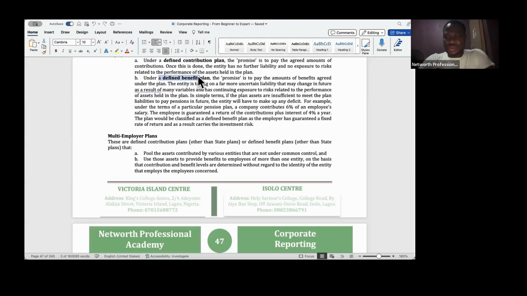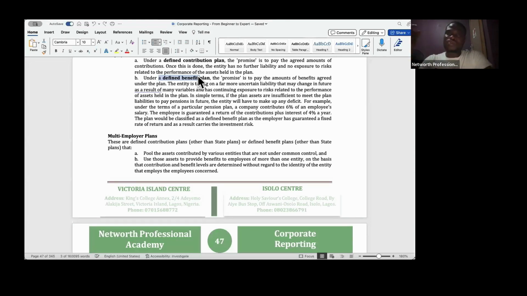So a lot of things interplay here, because we are saying that, yes, the employer will contribute regularly, the normal contribution, because anyway, they are preparing for the future, so they'll still be keeping money and hoping the money will be enough.